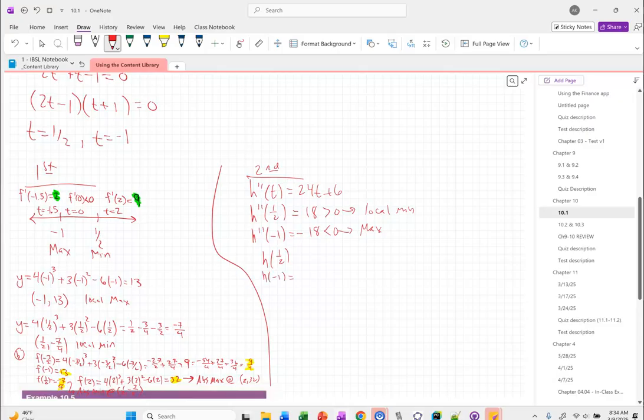Then we need to find those coordinates. We'll do it the same way we did there. I'm just going to borrow that work. Is everybody okay? Yeah. All right. And 18. And of course you just plug the x into that original function, right? Yes. The original function is always going to give us the y coordinate.